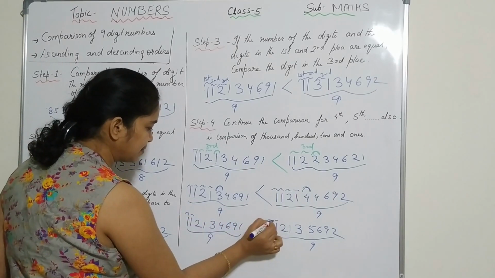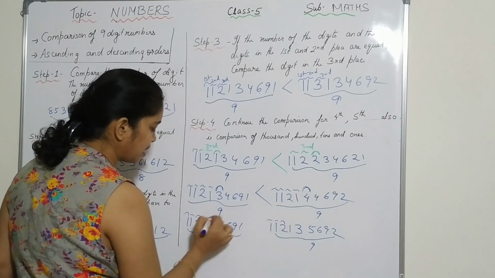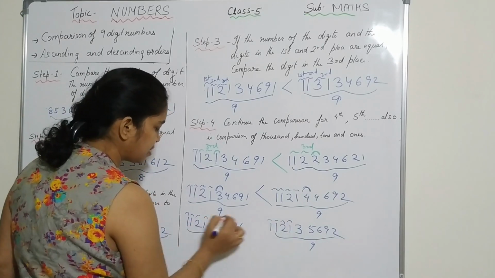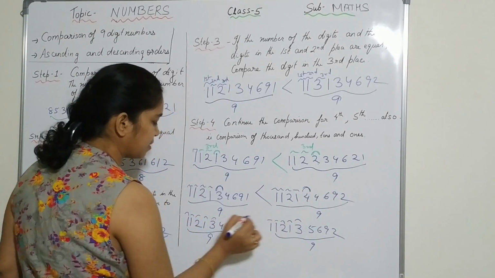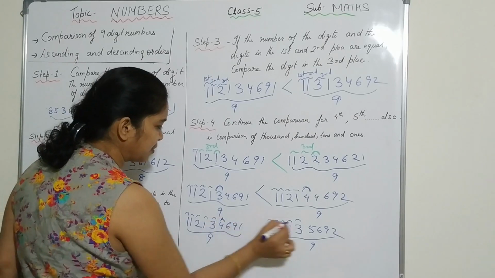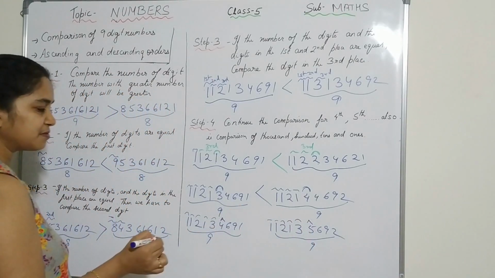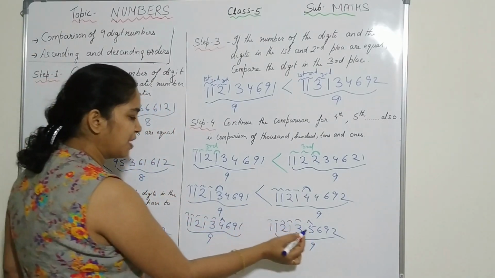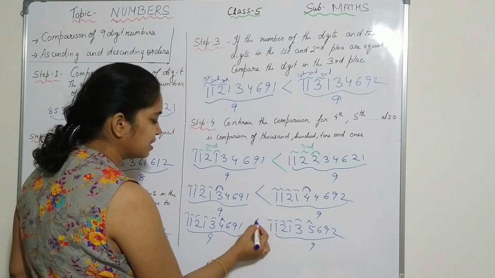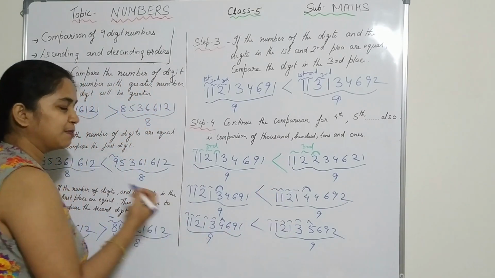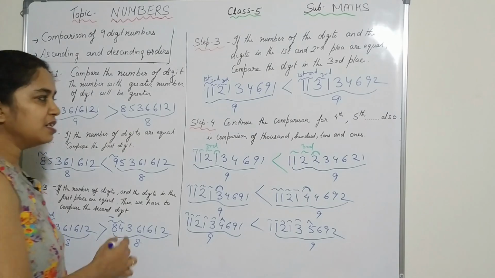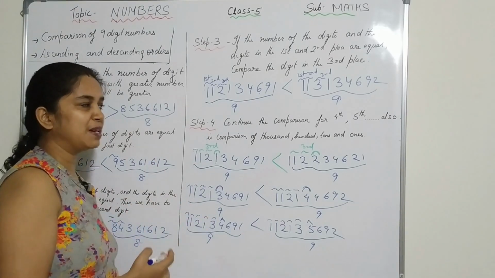Second one, same. Third one is also same. Fourth one is also same. Fifth one is also same. Now what happens? Sixth one is different. Yes, so 5 is greater than 4. So obviously this number will be greater than this number. So is it clear? Like this you can compare it.